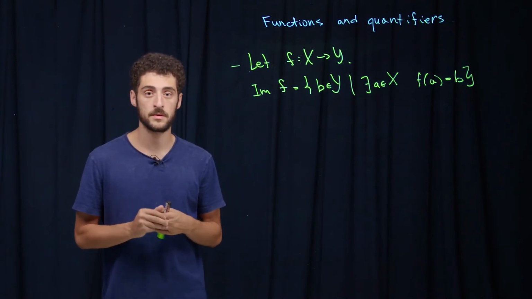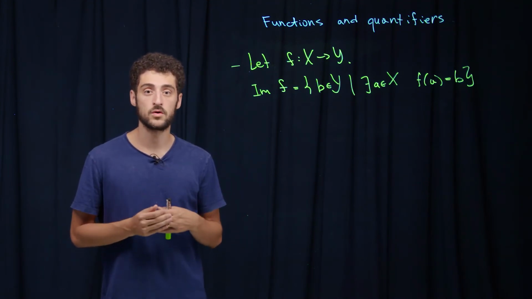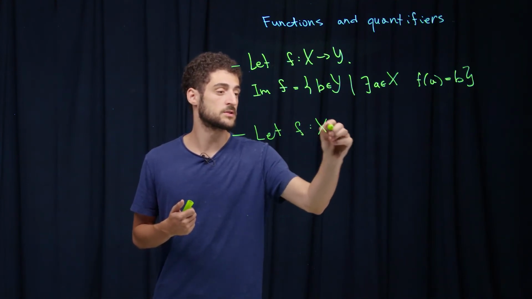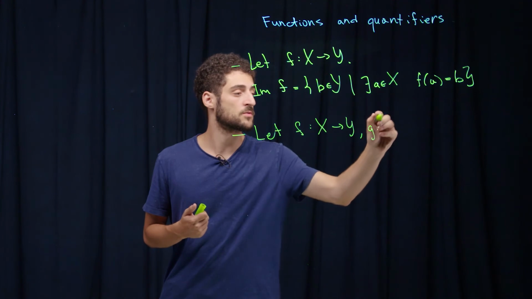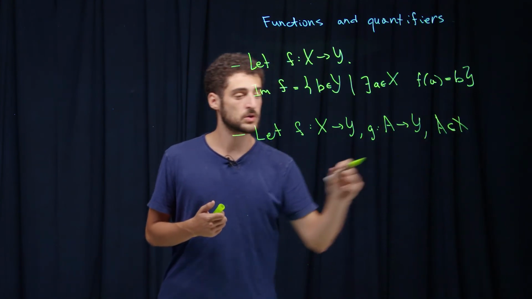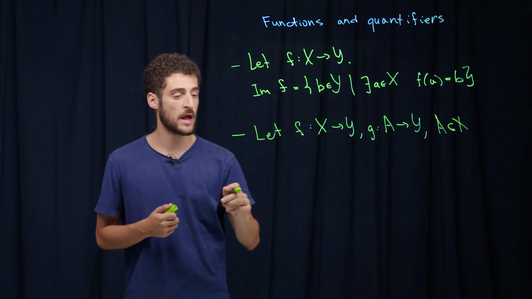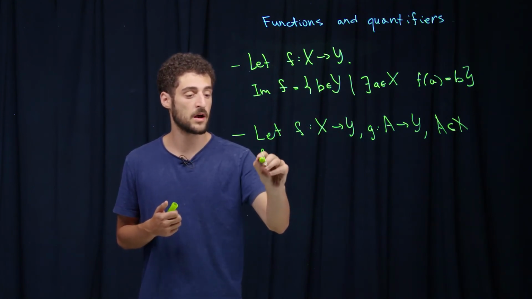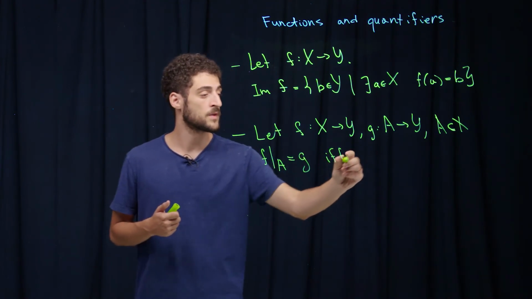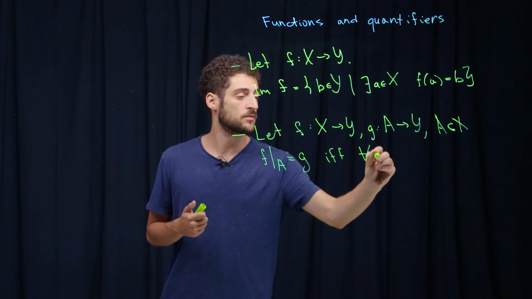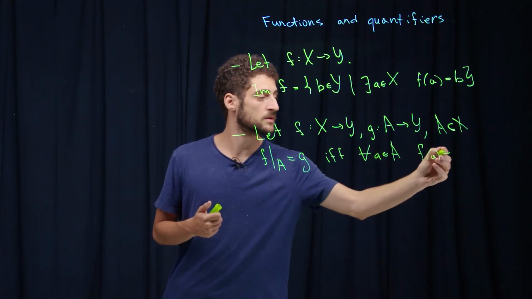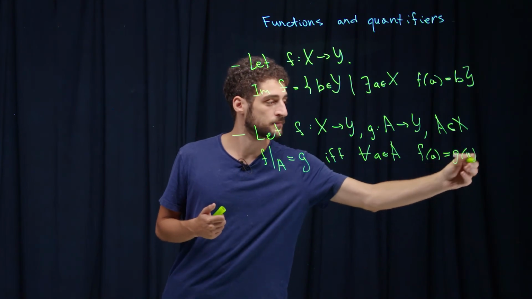The second object we may define is the notion of restrictions. So let f be a function from x to y, and g be a function from a to y, and a be a subset of x. So we say that g is a restriction of f on a. In other words, f restricted to a is equal to g, if and only if for every element of a, f of a is equal to g of a.